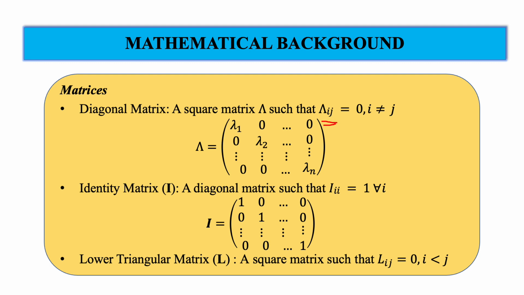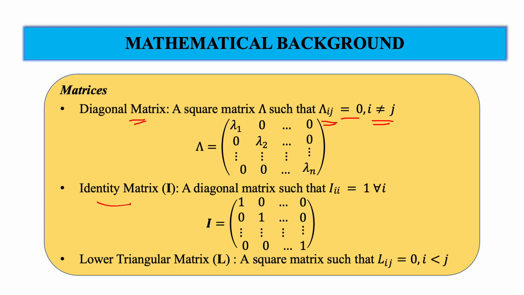Such a matrix is called a diagonal matrix, where the off-diagonal elements are equal to 0, that is, when i is not equal to j. A special case of the diagonal matrix is the identity matrix, denoted by I, where all the diagonal elements are 1 and non-diagonal elements are 0.